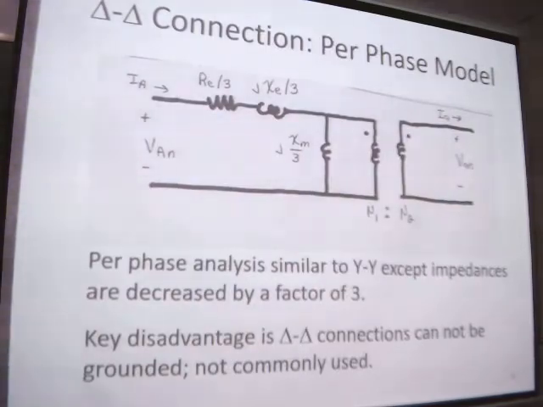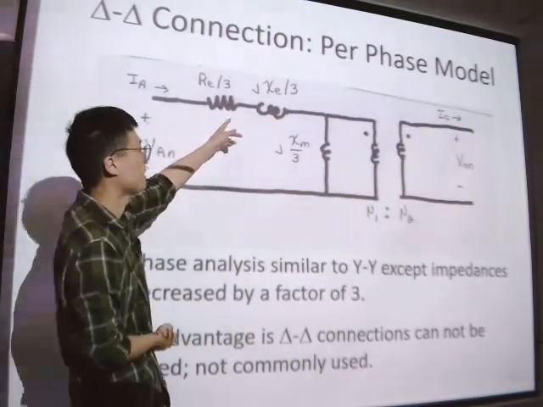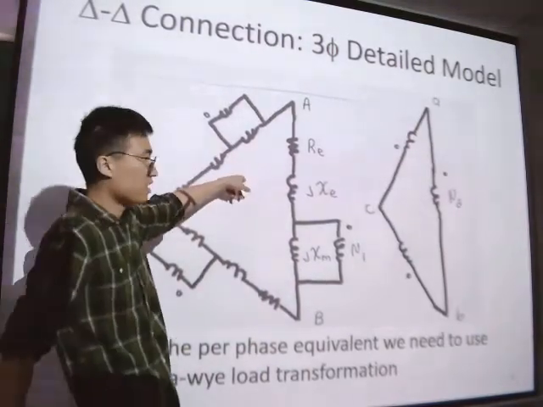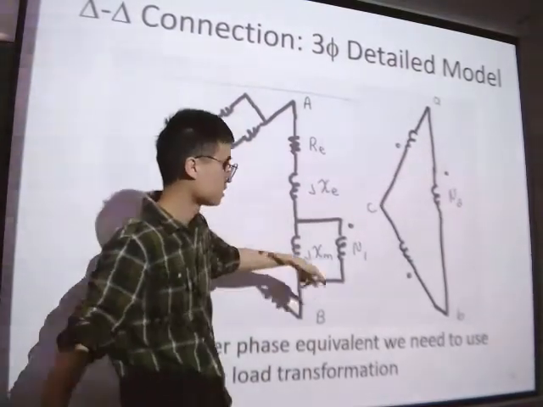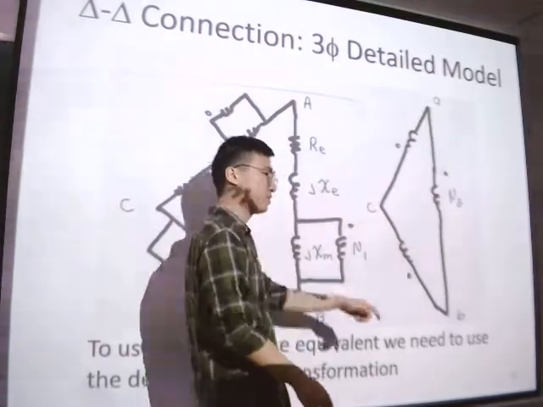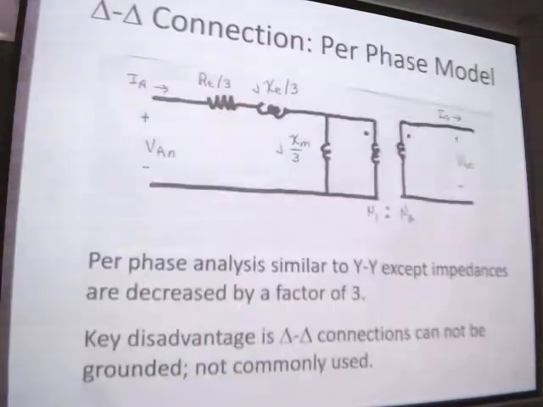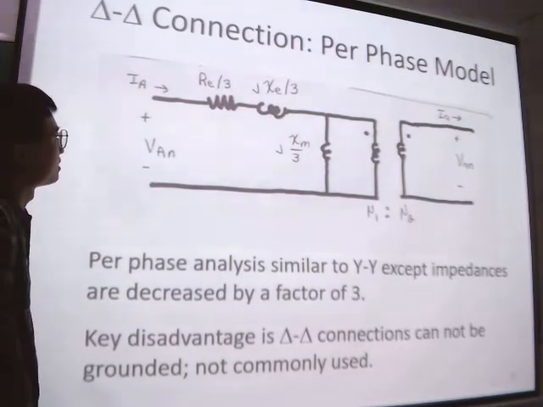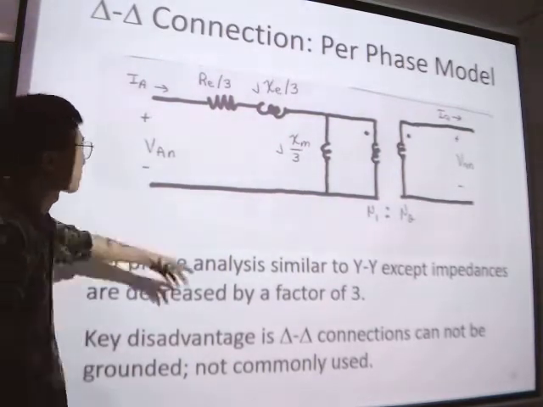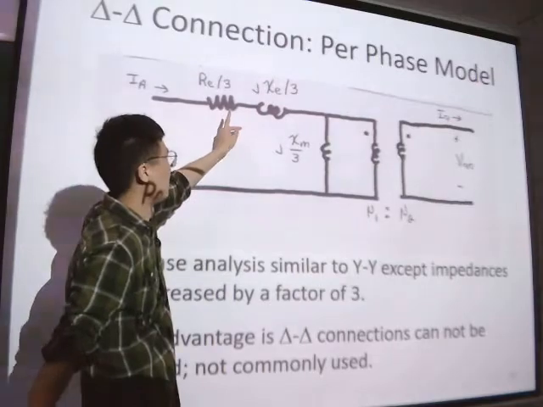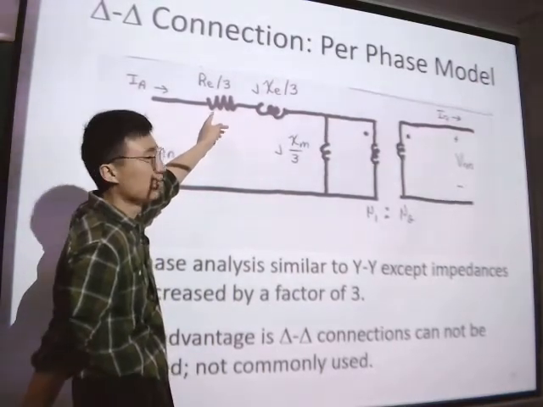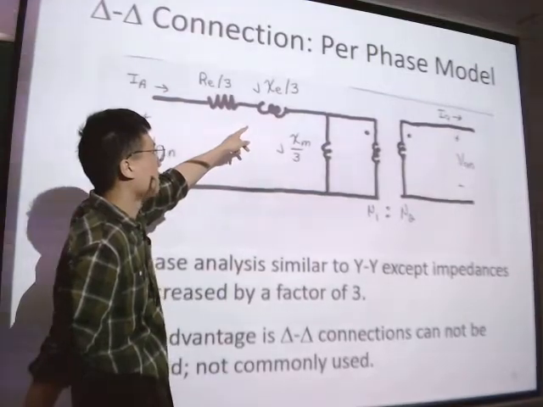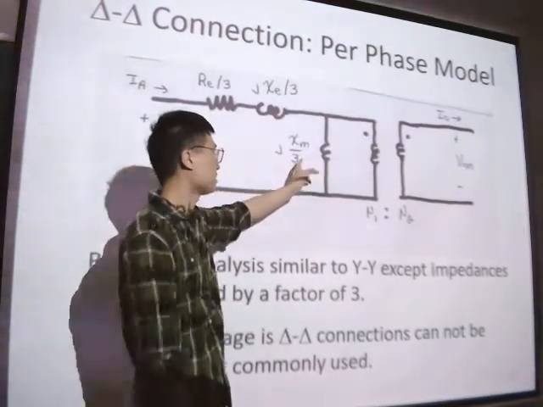So in such a way, to transfer, we will first transfer the delta to Y connection, and then we can use the same equivalent circuit, but with different impedance, resistance, and reactance. Let's say the reactance divided by 3.